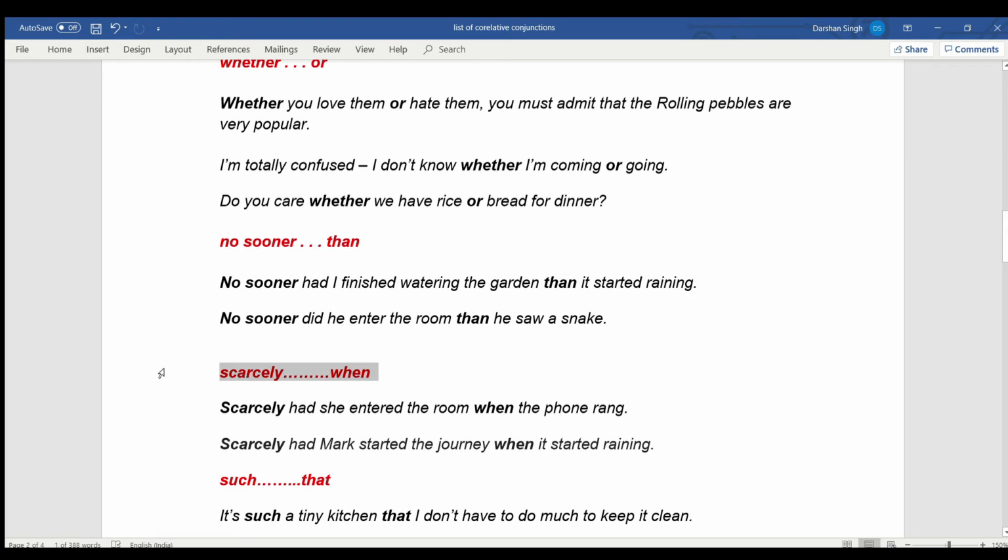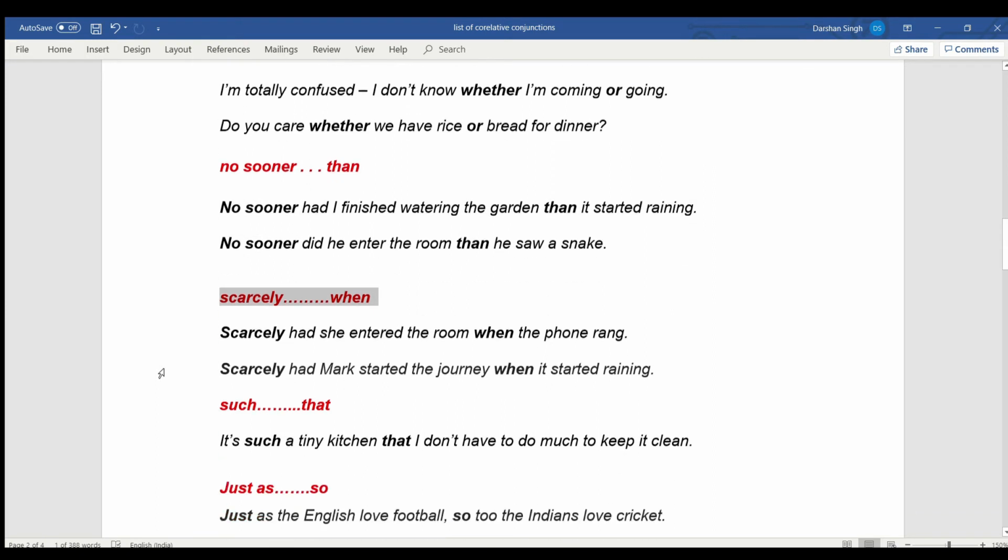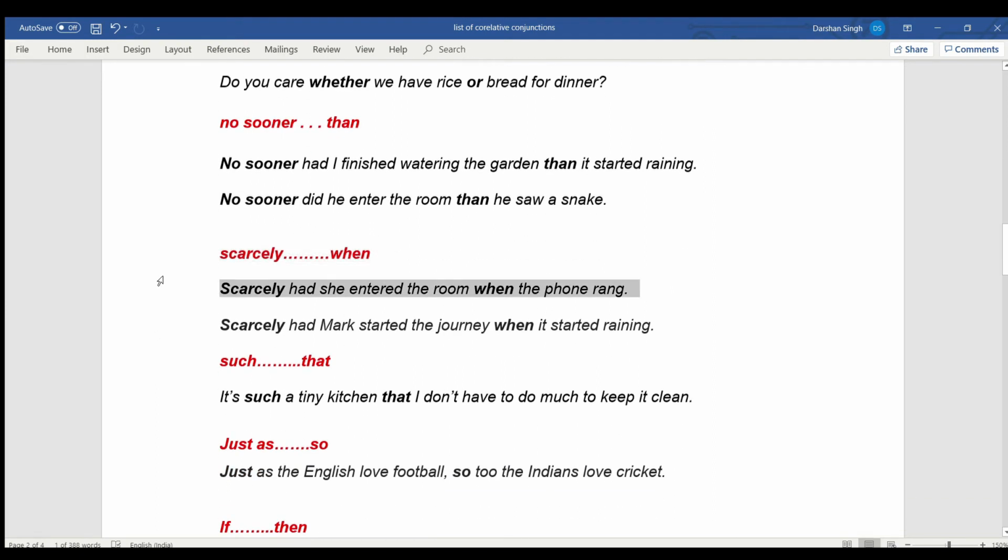Next one is scarcely when. It clearly shows us, scarcely had she entered the room when the phone rang. The next one says, scarcely had Mark started the journey when it started raining. So scarcely is just like using merely. The next one says such that.